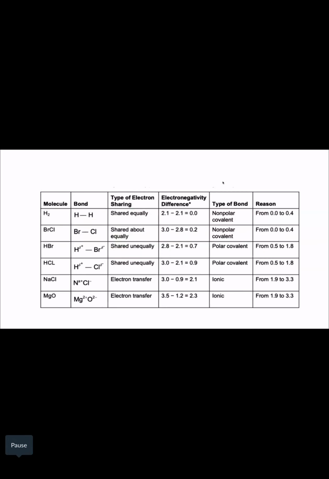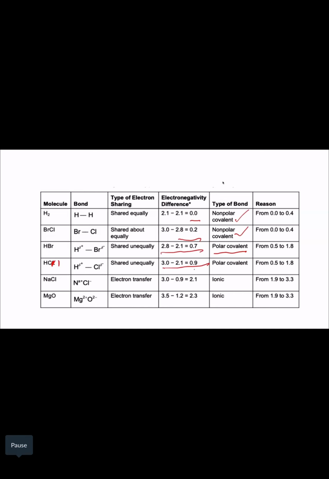Here are some other examples. Hydrogen has an electronegativity difference of 0, so the type of bond is nonpolar covalent. Br and CO are very similar, so again, 0.2, nonpolar covalent bond. Once we hit right here, hydrogen and bromine, that's what we call a polar bond. Okay, HCl, and this is wrong, this should be a lowercase l.